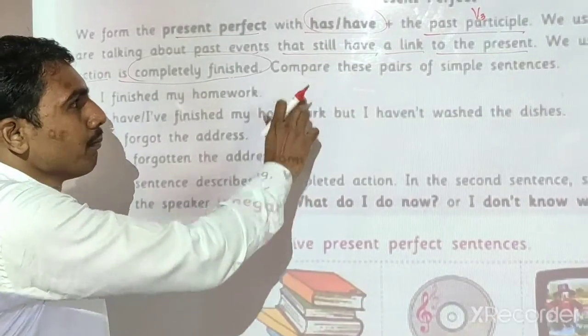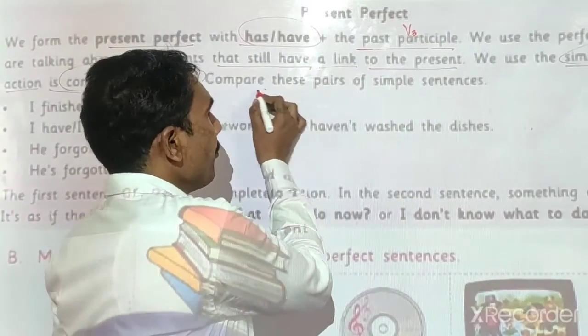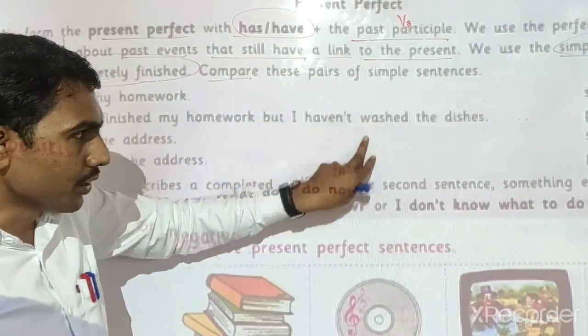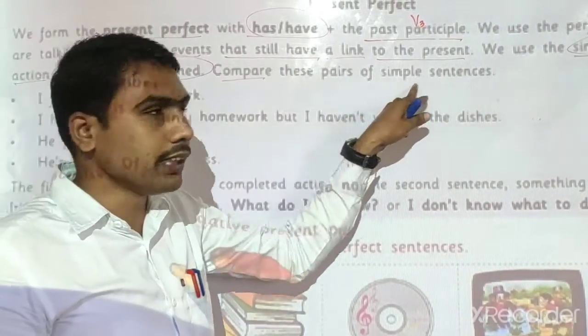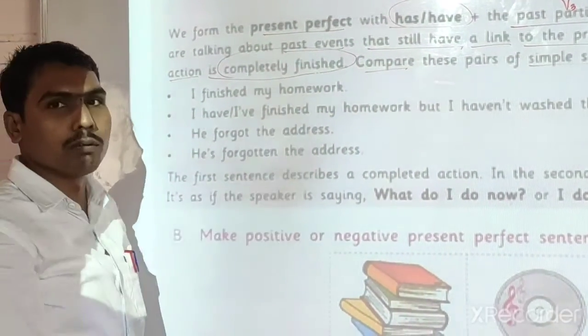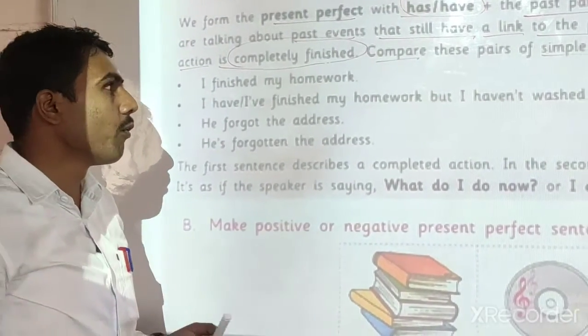Compare these pairs of simple sentences. Look here. Here are some sentences we want to compare. The first sentence is: I finished my homework.